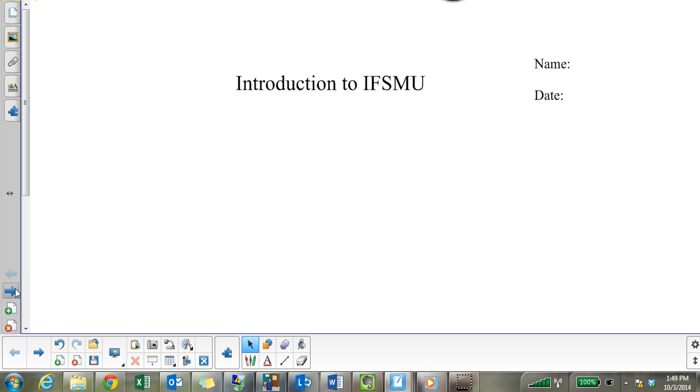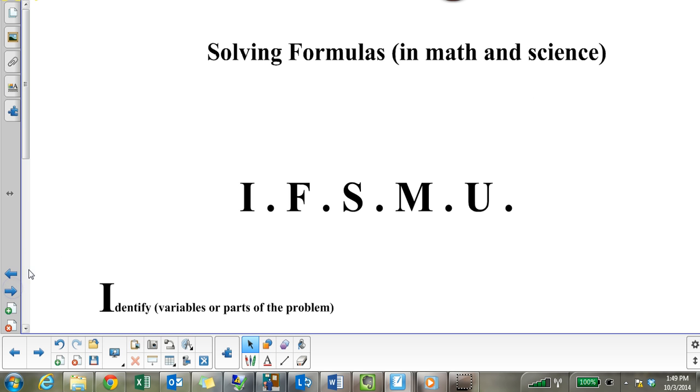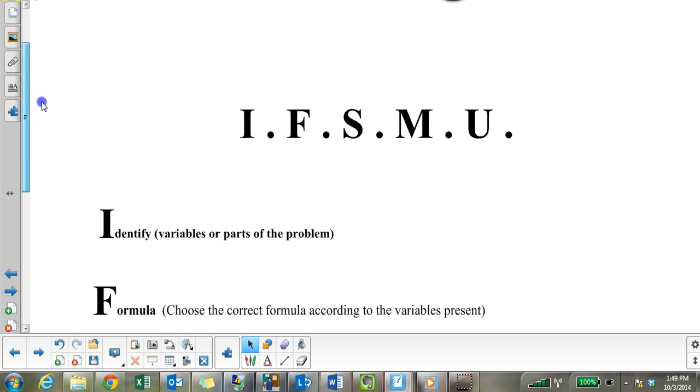And so we were trying to come up with a way to make it easier and have the kids be more successful. And so we looked around, we found this IFSMU, and it stands for some steps that we're going to take in order to solve and make sure that we do everything correctly, and make sure that everybody's successful. IFSMU stands for these words. I stands for identify.